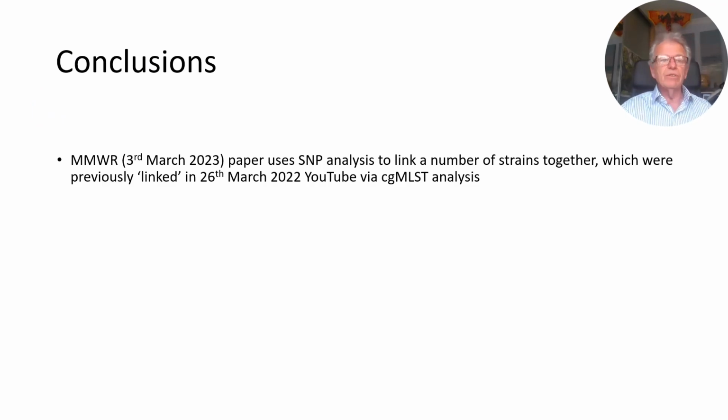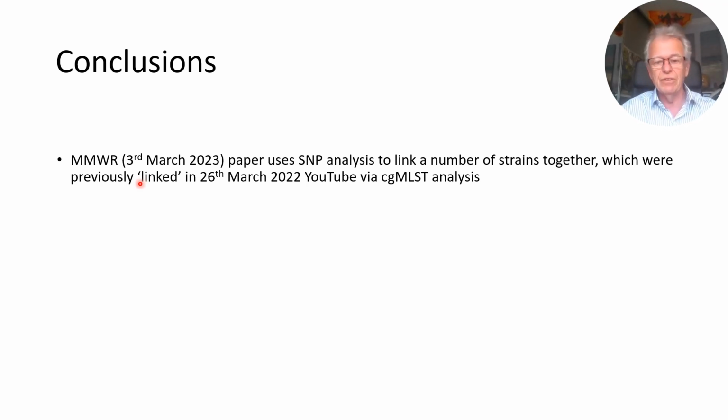So, simple conclusions. The MMWR paper, which was published on the 3rd of March 2023, used SNP analysis to link a number of strains together, and those were previously linked by myself in my YouTube upload virtually a year before using core genome MLST. Before I go on to the next point, I have put the word linked in inverted commas because core genome MLST is looking at conserved genes.